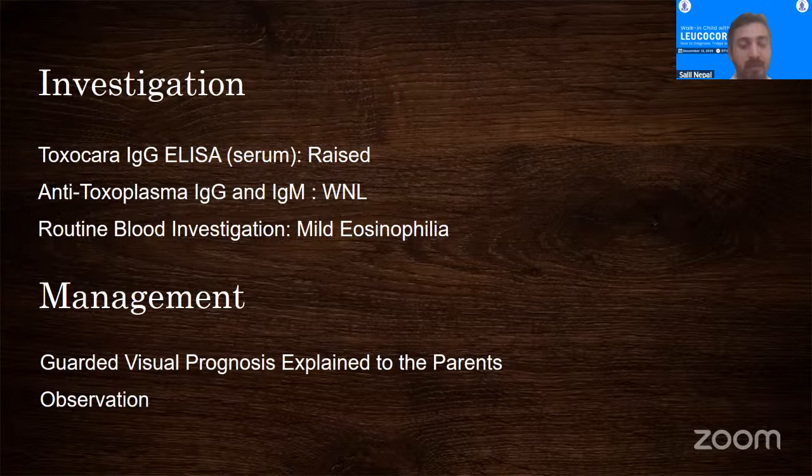The management for this kid was counseling the parents that since he is an only-one-eye patient now, a guarded visual prognosis was explained, and how they should be really careful with the other eye and protect it to the maximum, at the optimal. And the other thing was routine observation.